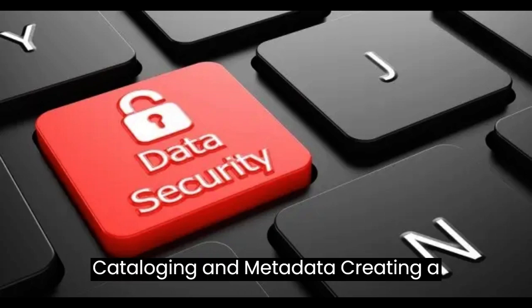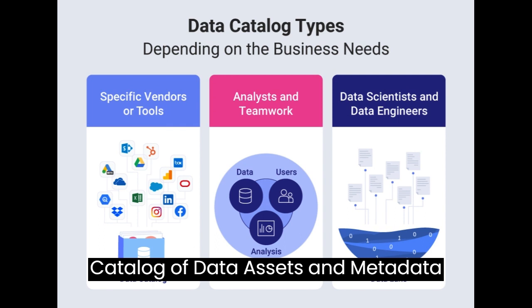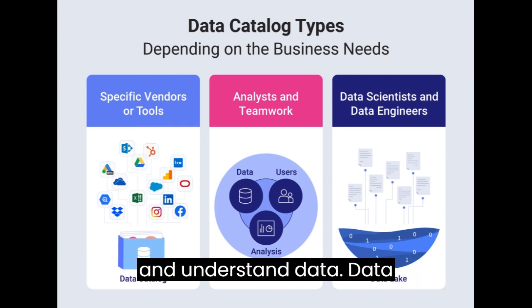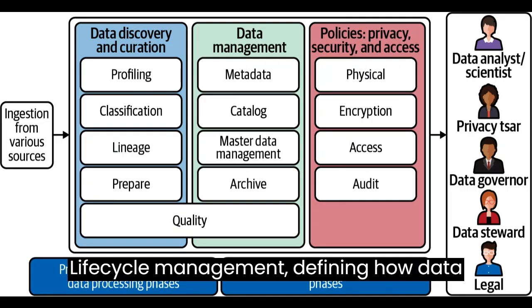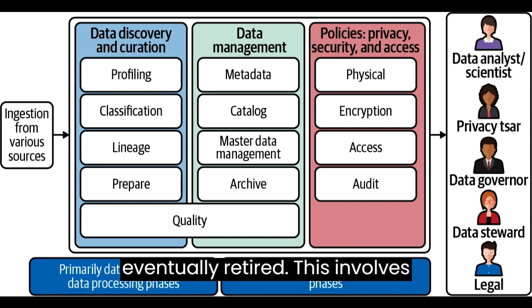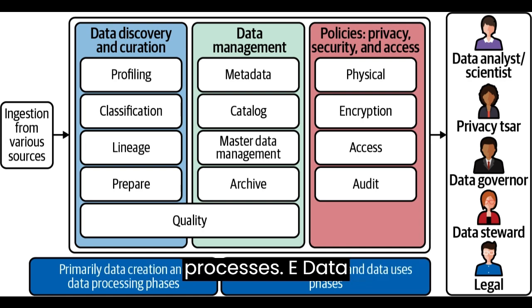C. Data cataloging and metadata, creating a catalog of data assets and metadata, information about data, to help users find and understand data. D. Data lifecycle management, defining how data is created, stored, used, and eventually retired. This involves data retention policies and archival processes.